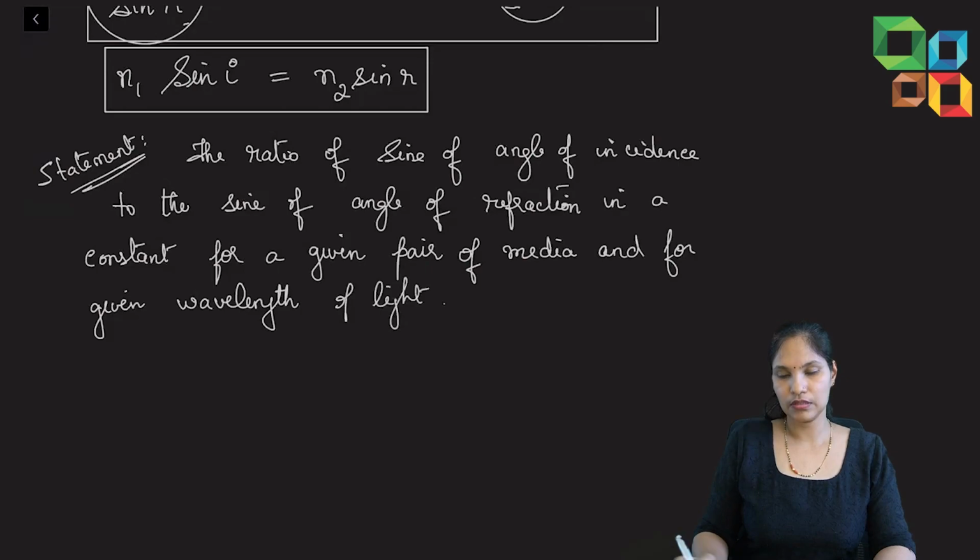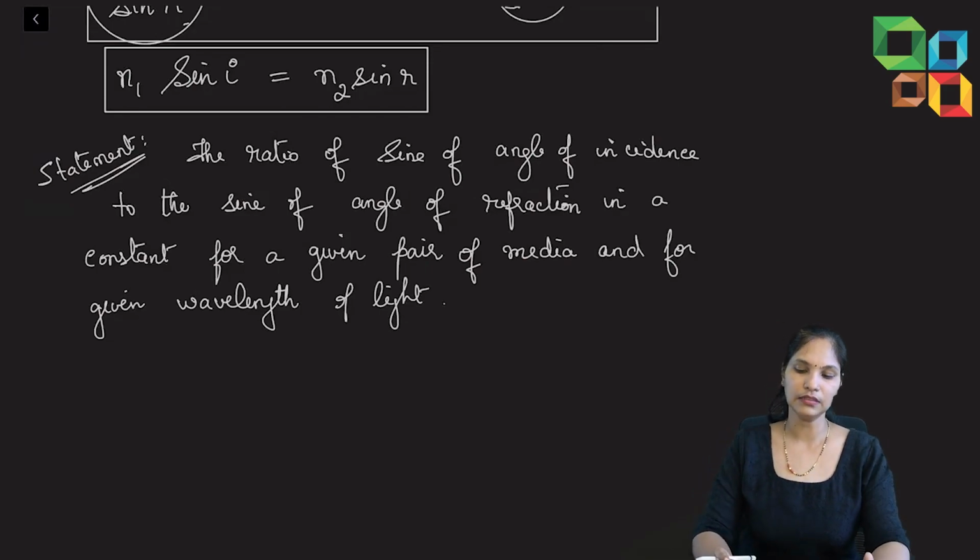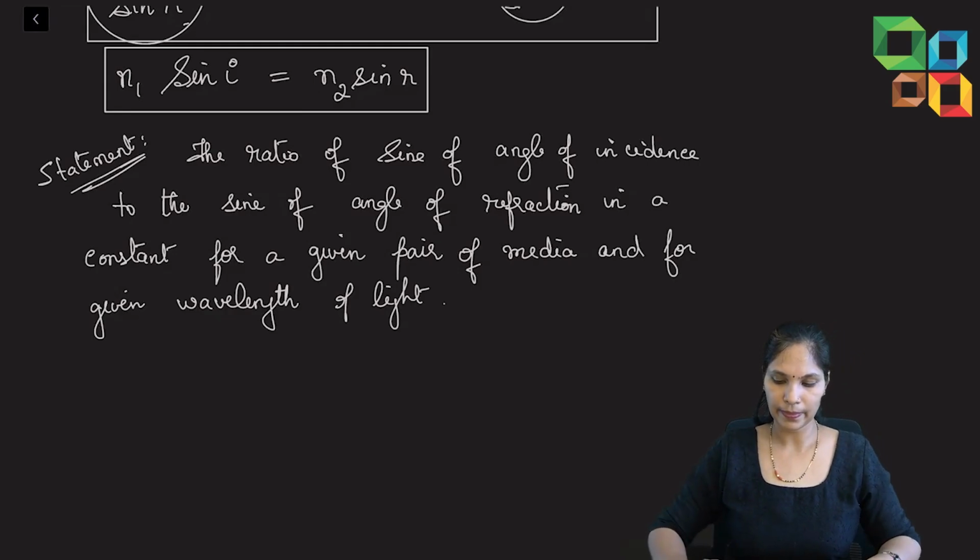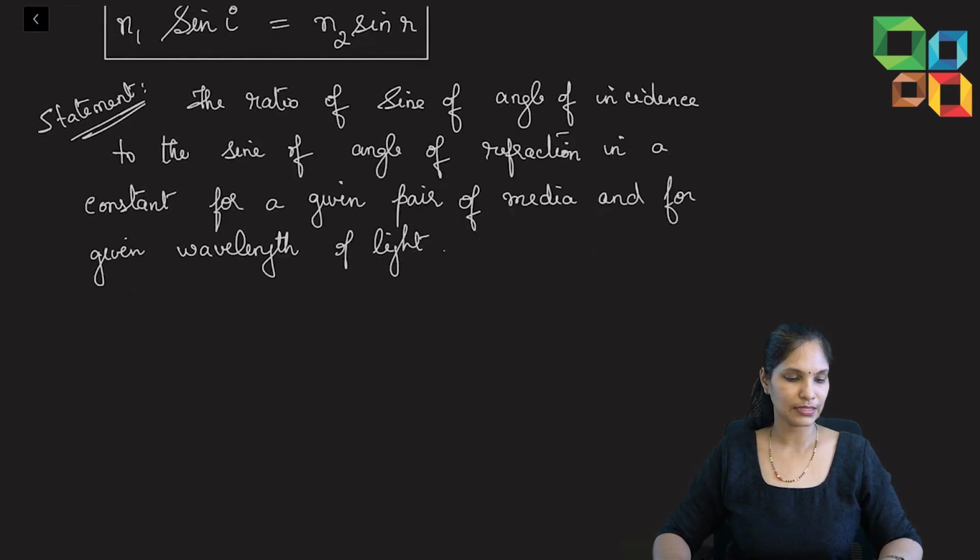Means the color should be the same, like if it is red color light, then red will have to be used. That is also an important factor. So that's Snell's law.